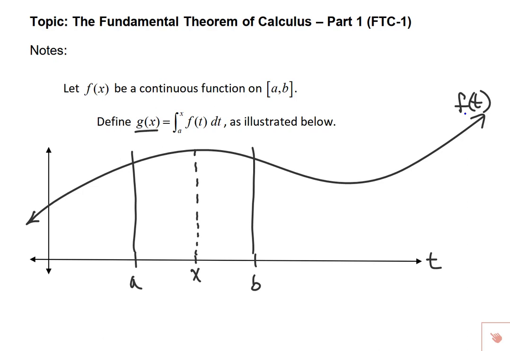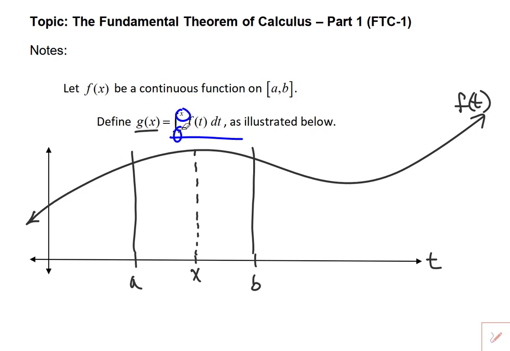As we saw in the limit definition of the definite integral, the definite integral can represent the area under a curve in the case where the function is positive. So we could say that this definite integral we're seeing in our g of x function, the definite integral from a to x, notice we have a and x in our illustration, a being the left boundary of this closed interval and x being some value within the interval, could represent the area under this curve from a to x.